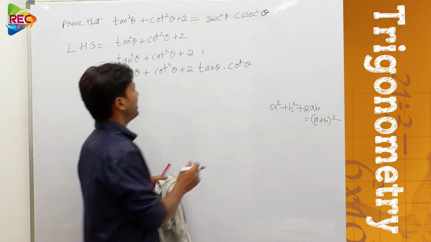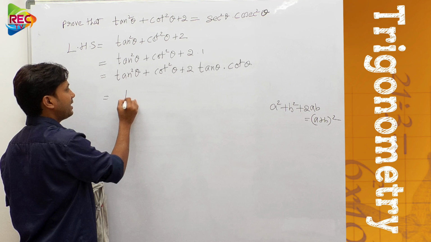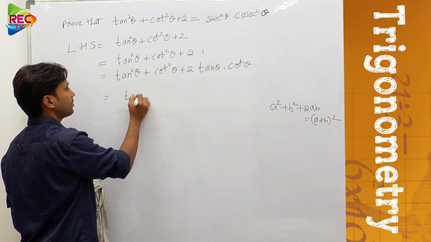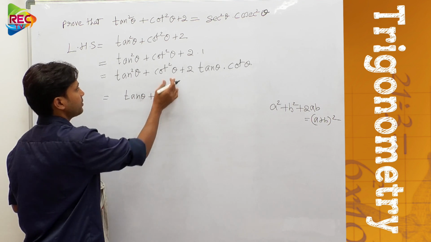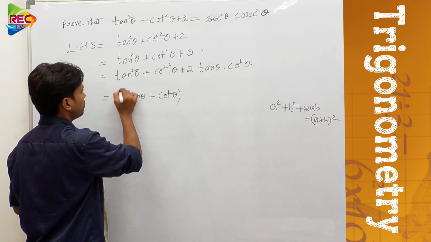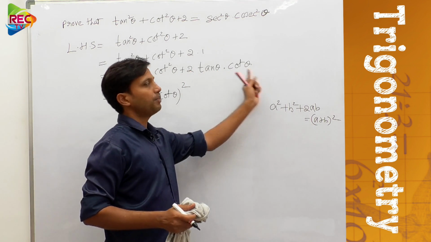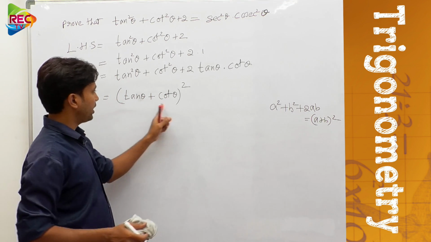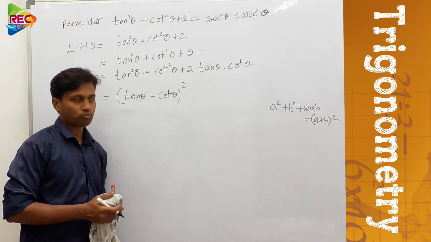So therefore we can write this entire expansion as tan theta, which is a, plus cot theta, which is b, to that whole square. Why? Because a square plus b square plus 2ab would be written as a plus b whole square, right?